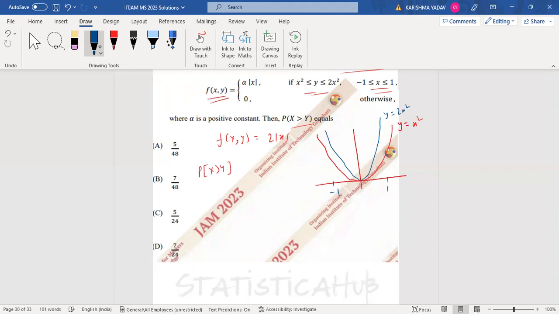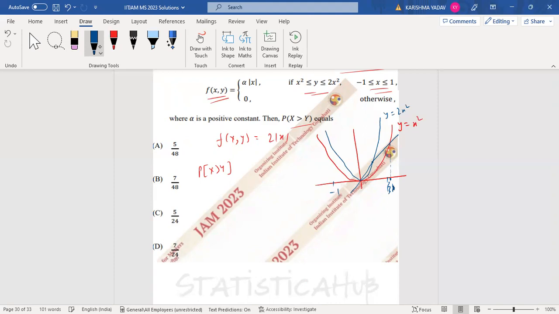And we have to find the probability x less than y. And what is the graph for the x equals y line? That is somewhere like this. If I draw it carefully, it will be like this. So this is my point 1. Where is this cutting out?